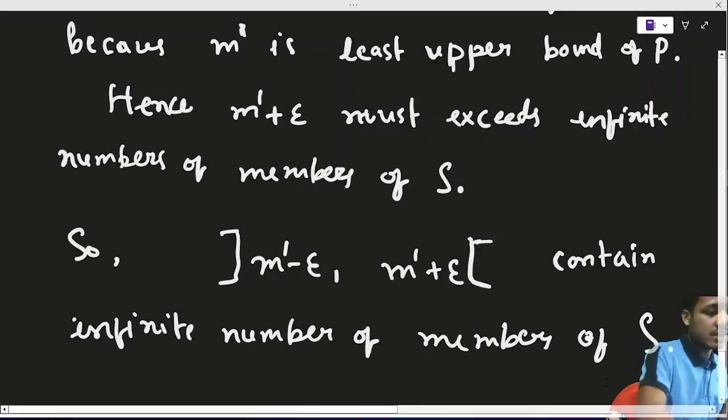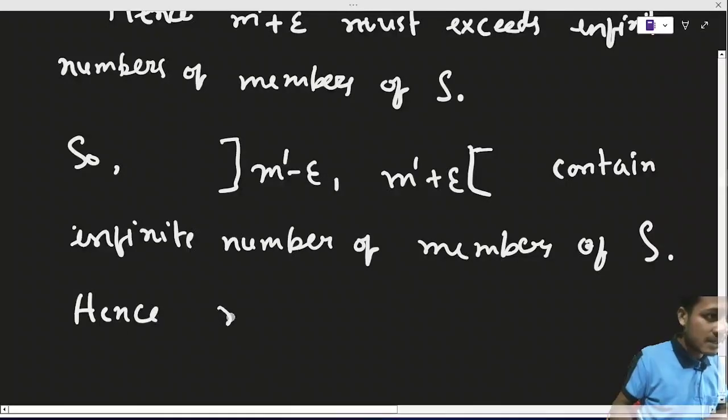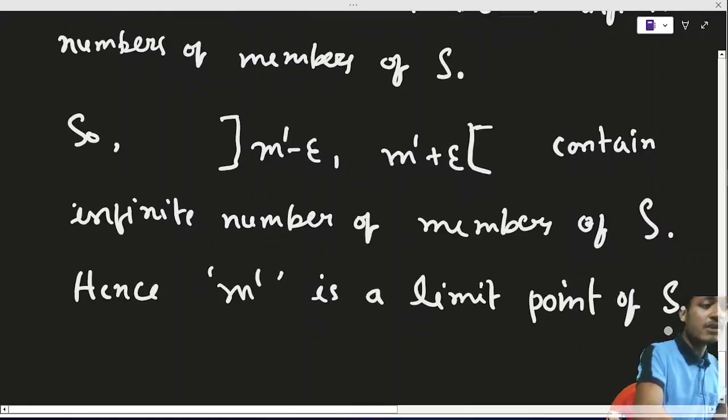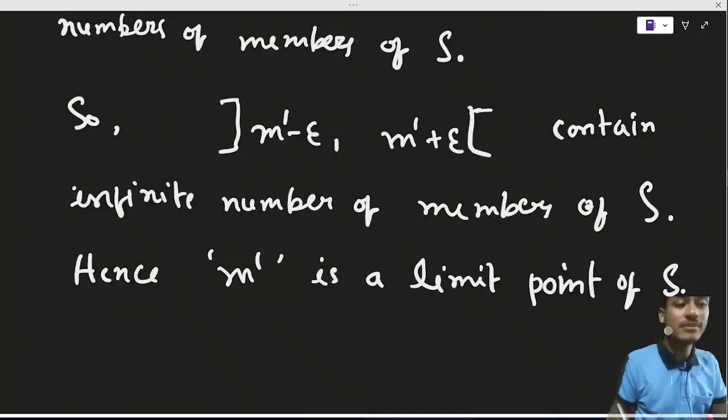So since the interval m dash minus epsilon, m dash plus epsilon contains infinite numbers of members of S, hence m dash is a limit point of S. And S is an infinite bounded set, so we have finally obtained that S has a limit point, which is small m dash. So every infinite bounded set has a limit point.